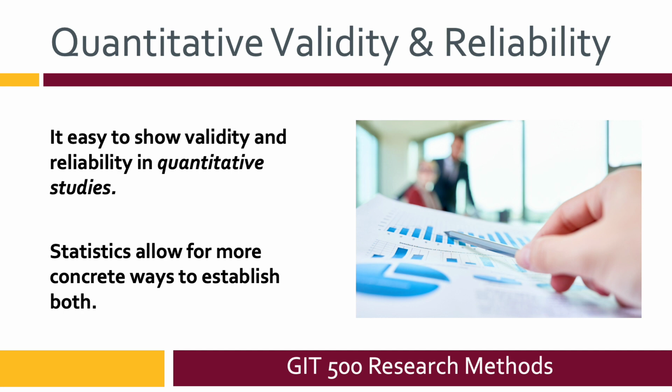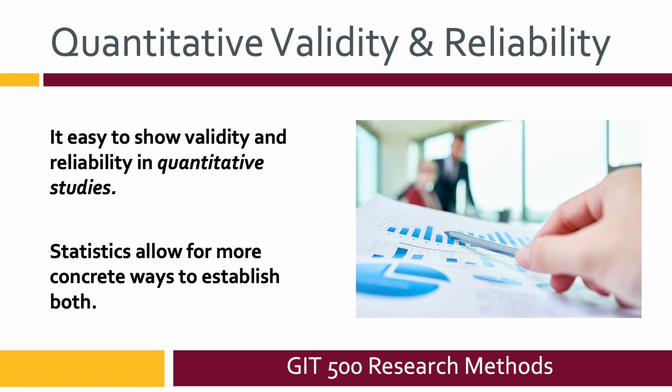In quantitative studies, it is very easy to show validity and reliability because we're depending on statistics, and statistics allow for more concrete ways to establish both validity and reliability.